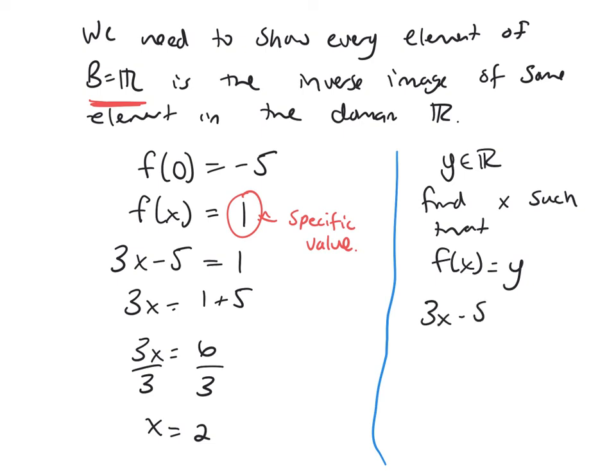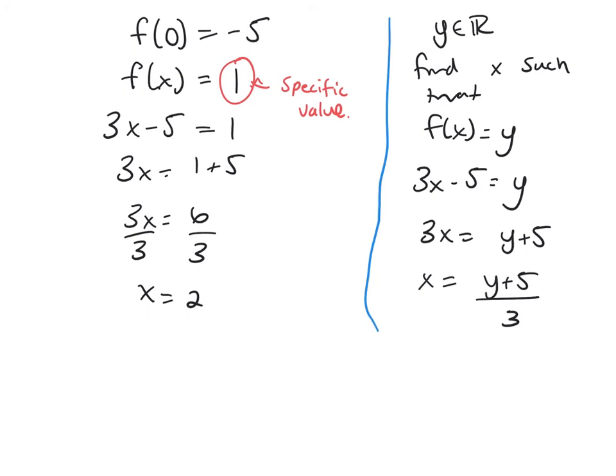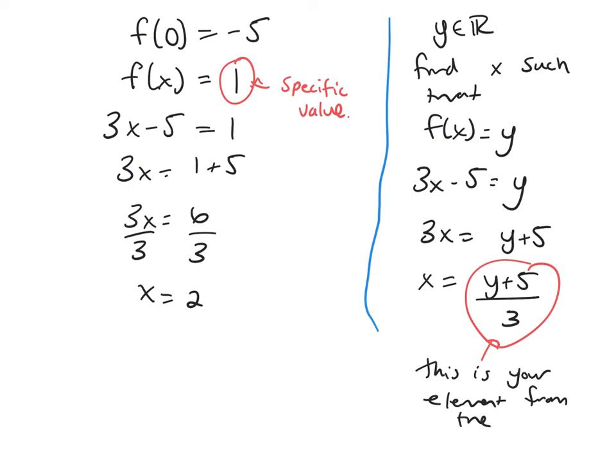So 3x minus 5 equals y. And here you're thinking about y as being a fixed value, and you want to solve for x, using the same procedure you did earlier. You're going to add 5, and then divide by 3, which you can do here because you're talking about real numbers. And so right here, this is your element from the domain.